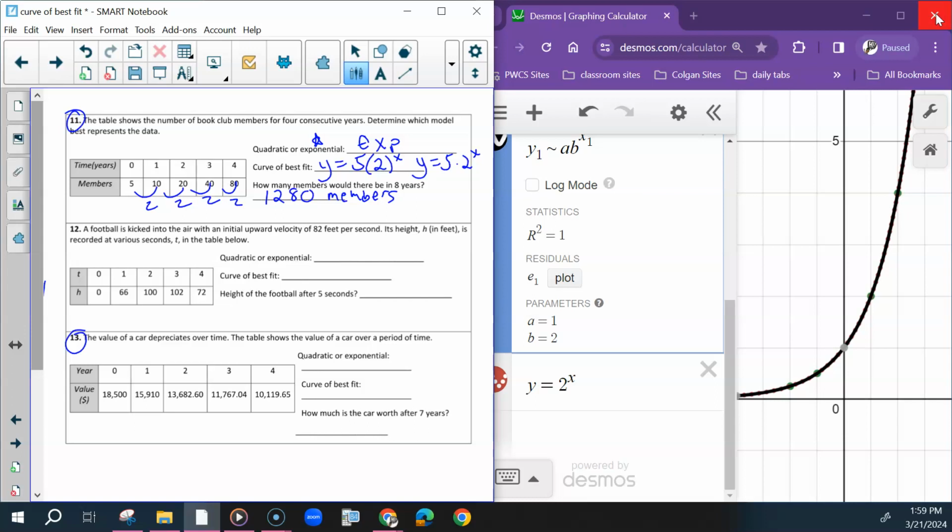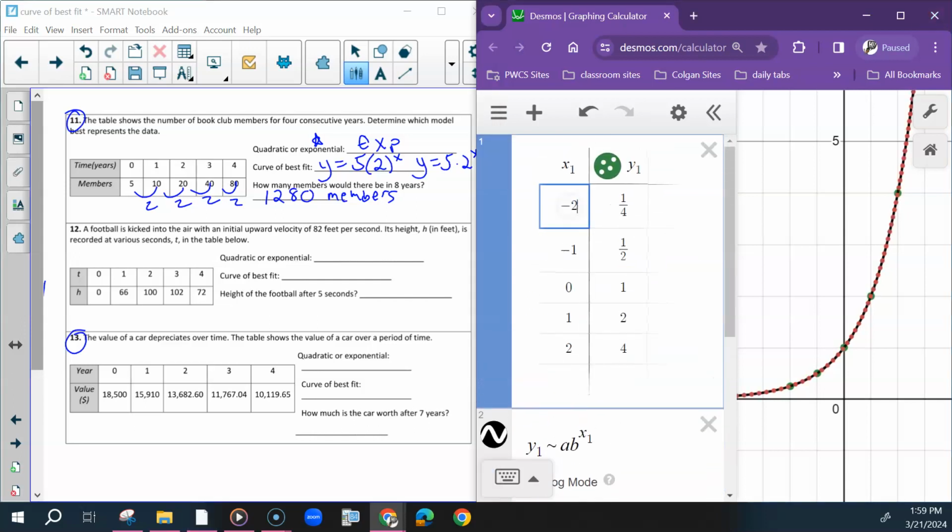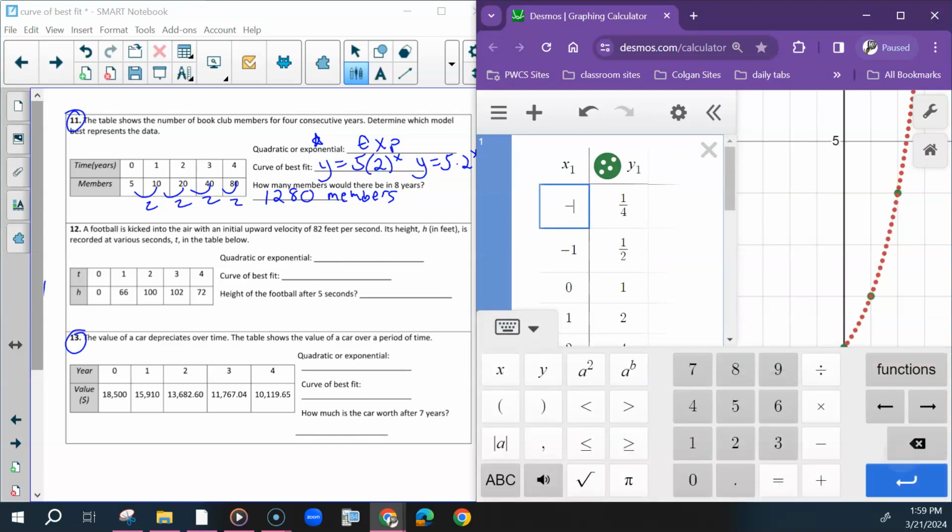Continuing on, the table shows the value of a car over a period of time. So I'm going to put in these values. Notice that in real life problems you can't have negative numbers because that wouldn't make sense.